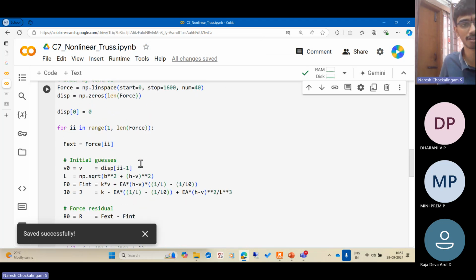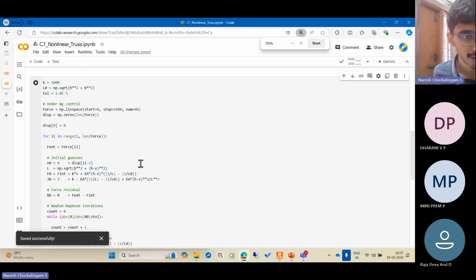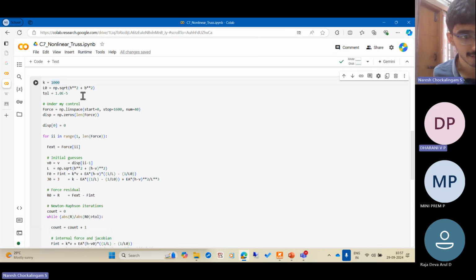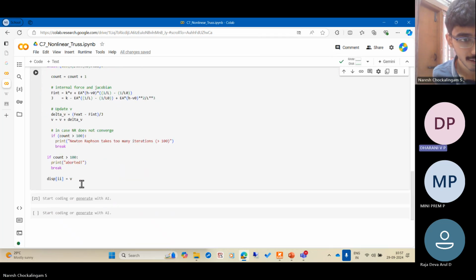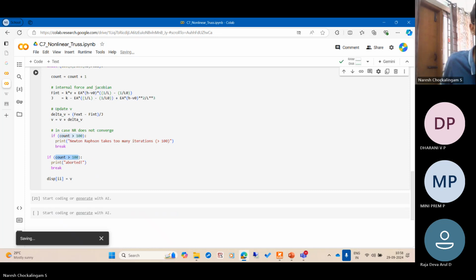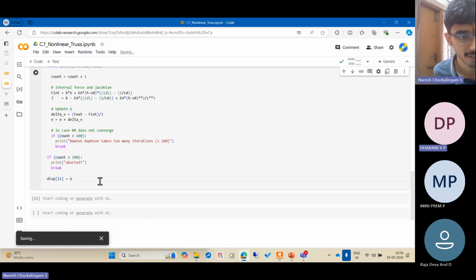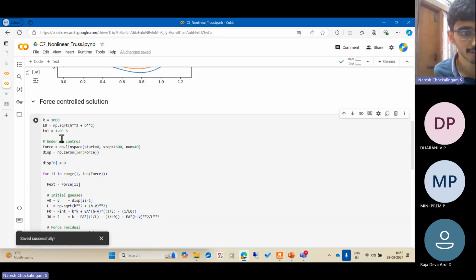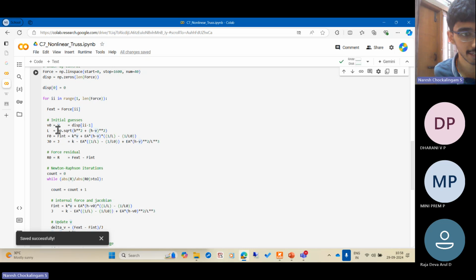So I'll zoom out a little so that you can see the full code. Overall, you're starting with an initial guess.